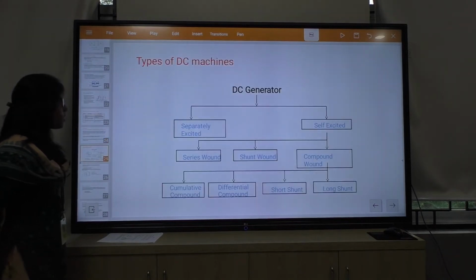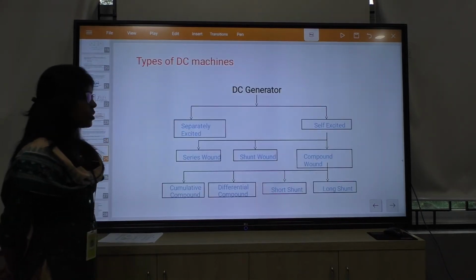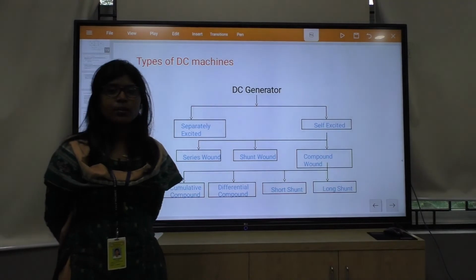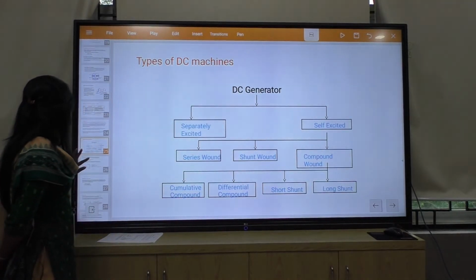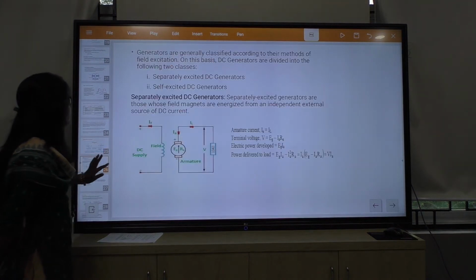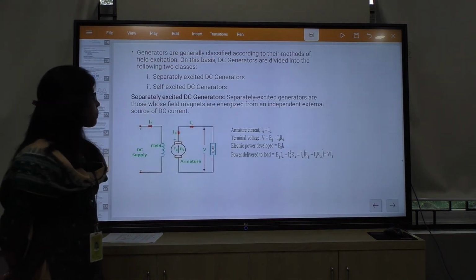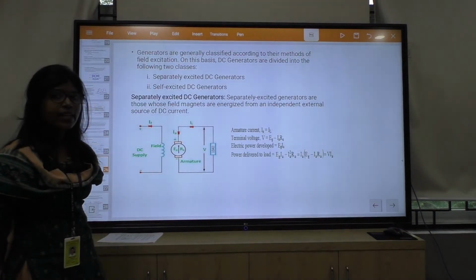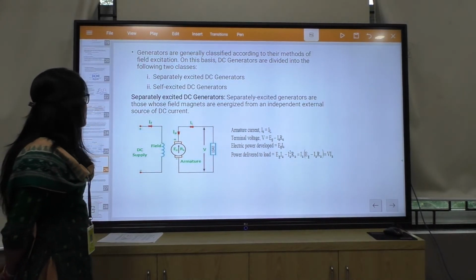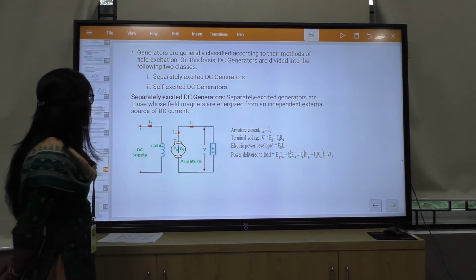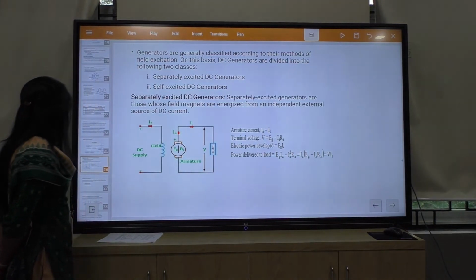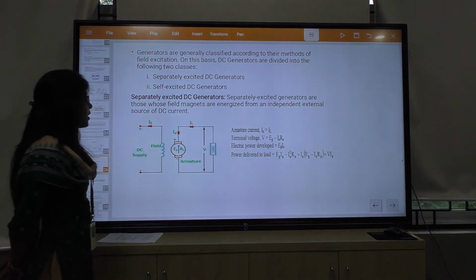Next, the types of DC machines. Depending upon the excitation, DC machines are of two types: separately excited DC machines and self-excited DC machines. First we will start with the separately excited DC generator.